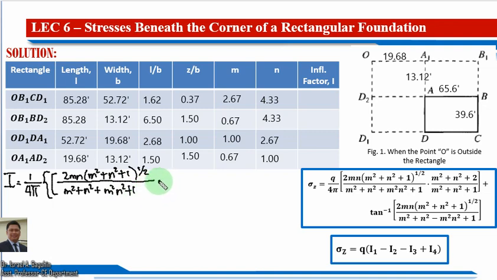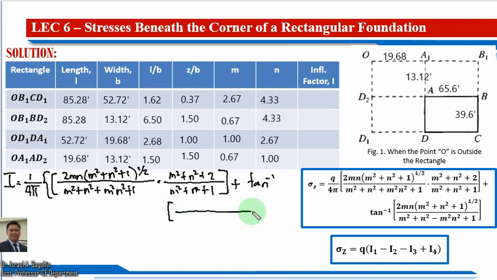Then we multiply this with m squared plus n squared plus 2 all over m squared plus n squared plus 1.